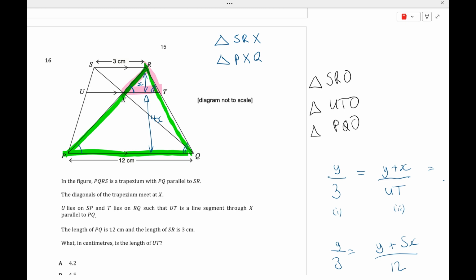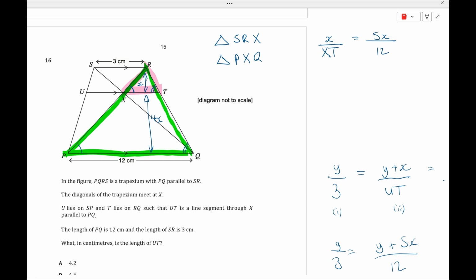But then I can say from here, I'm just going to rub all this out, xT, so small x over XT equals 5x over PQ, which is 12. So that's using the height of RXT divided by the width equals the height of RPQ divided by the width.